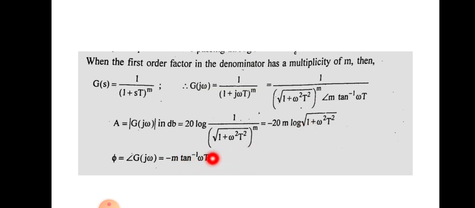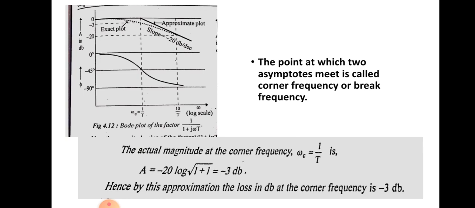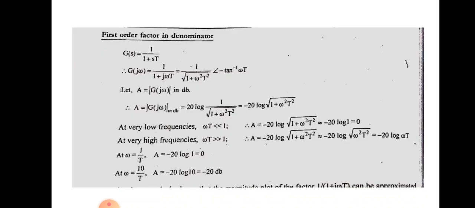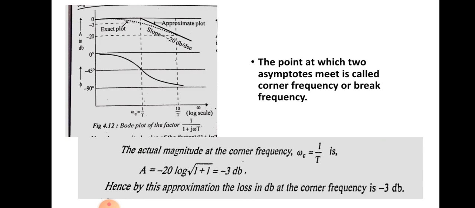These cases are similar to the previous case, but there is an additional term m due to this multiplication factor. In the previous case, here there is a frequency plot. When we are considering the phase plot, you know that the angle term is minus tan inverse omega t. For different values of omega, we will get different angle values, and you can do that while doing the problem by substituting different values of omega.